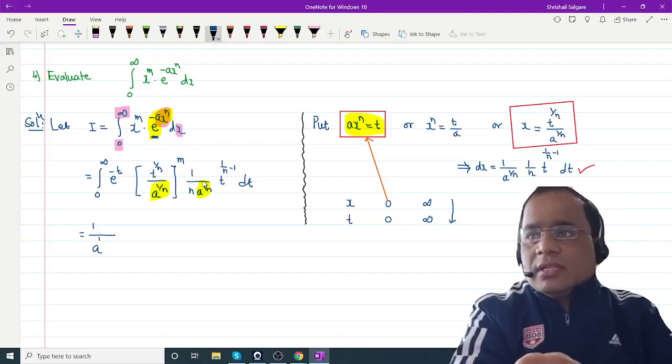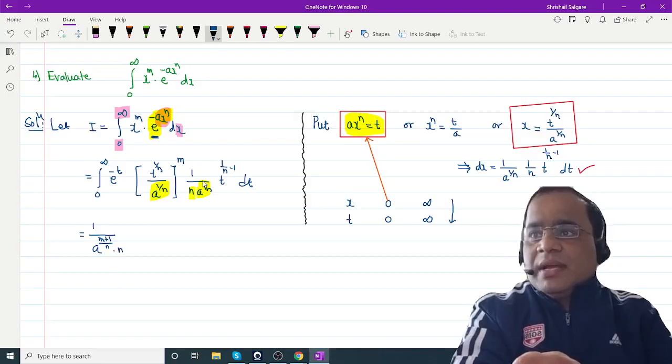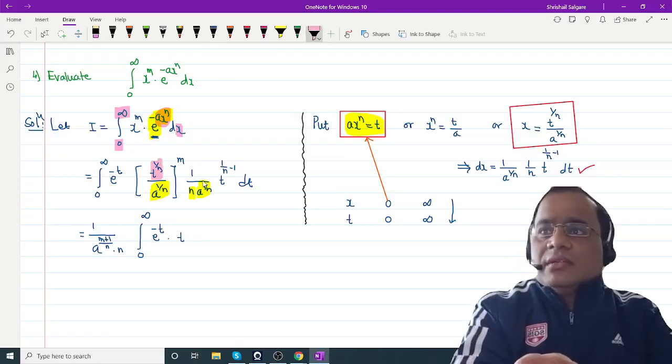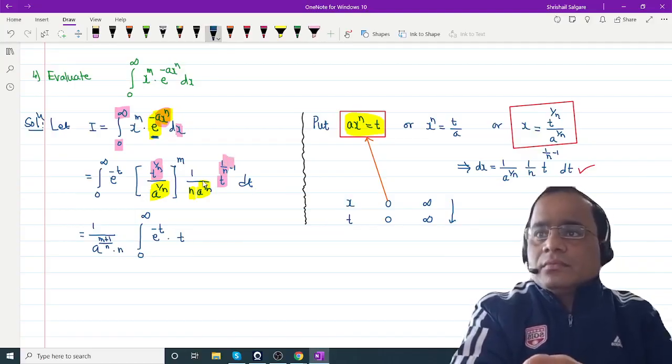So all together this is m plus 1 divided by n. Also I will take this 1 upon n outside, multiplied by the integral 0 to infinity e raised to minus t as it is. Collecting the terms of t together, now here you are having one term, here you are having second term. Yes, power you have to tell. First is m by n plus 1 by n minus 1, dt.